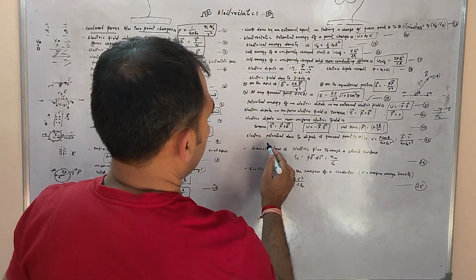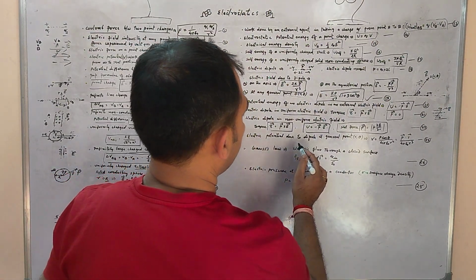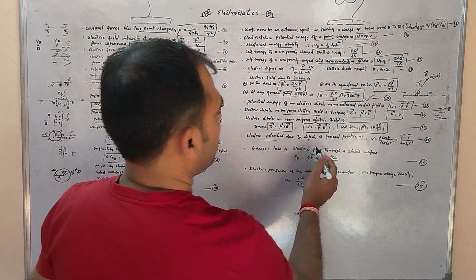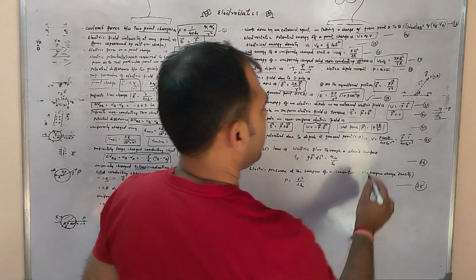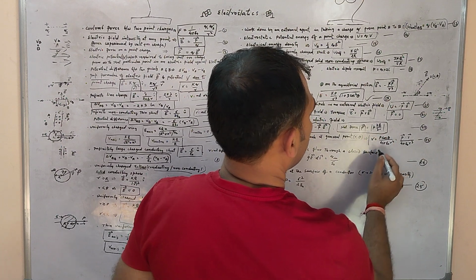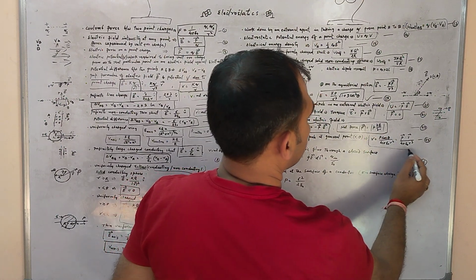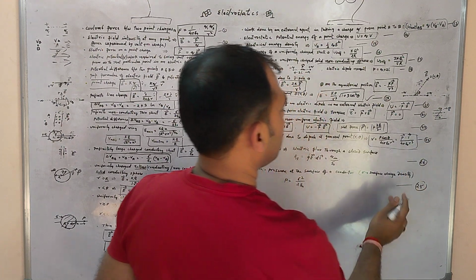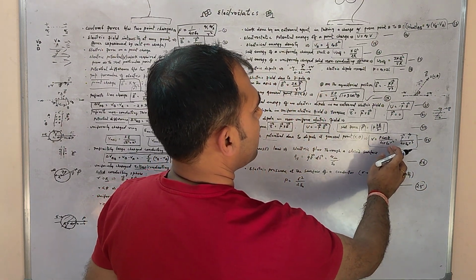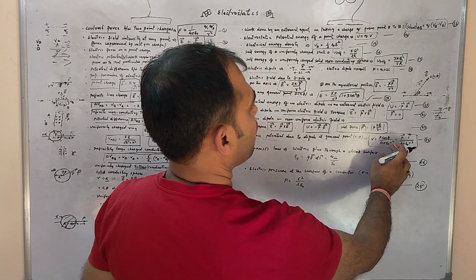Next, electric potential due to dipole at general point can be given by P cos theta by 4 pi epsilon naught r square.